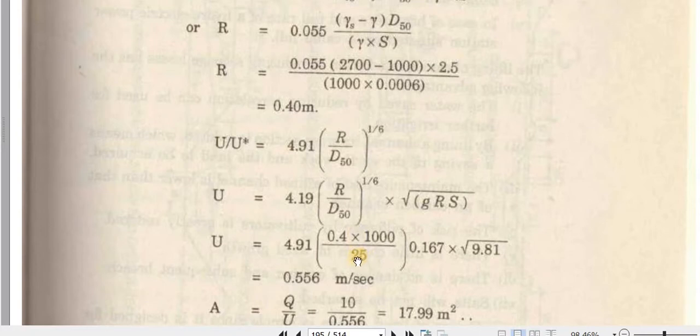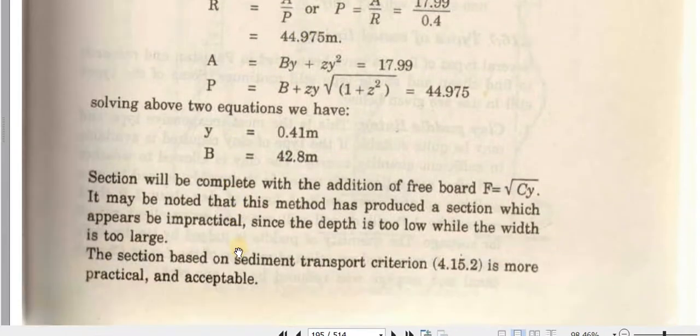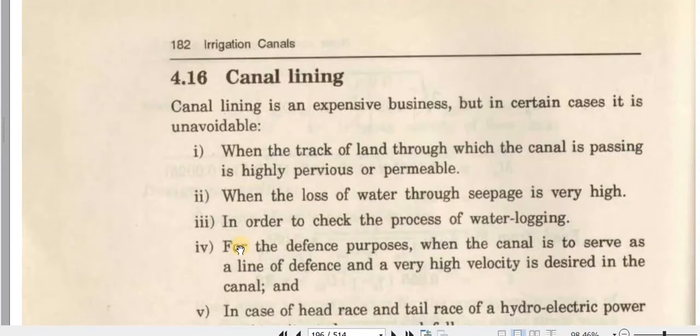A little bit of a mistake here, it is 4.91, here it is 4.19, but it is 4.91. I think it will be 2.5, 0.4 into 1000, in millimeter, and so on. It is 0.556 meter per second. So you can now calculate the area, R and all the other parameters.